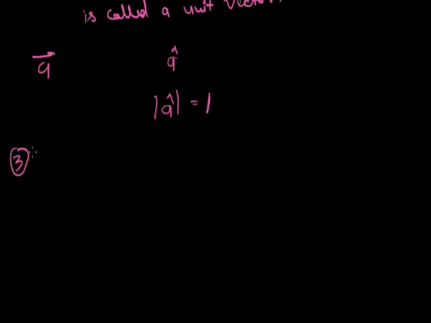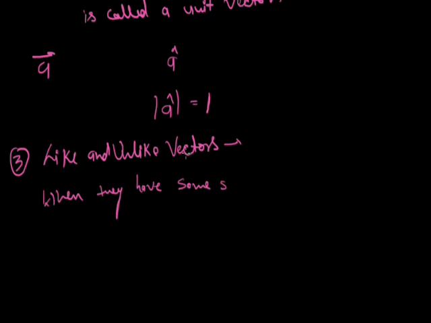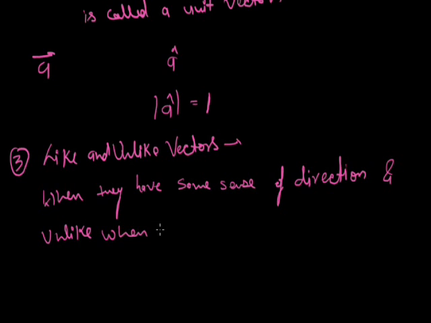The next one is like and unlike vectors. Vectors are said to be like when they have the same sense or direction, and unlike when they have opposite direction.